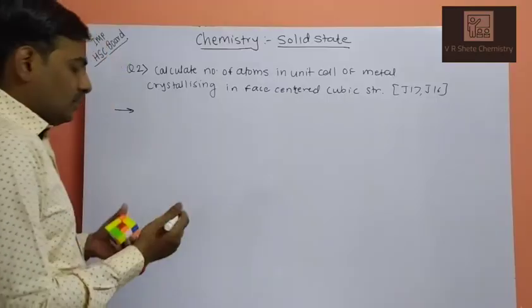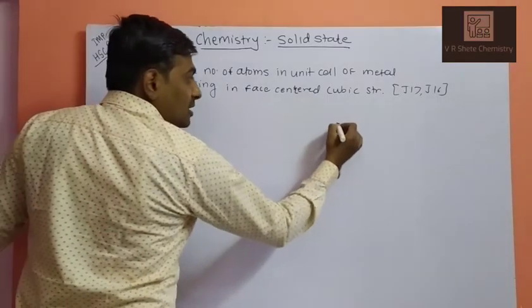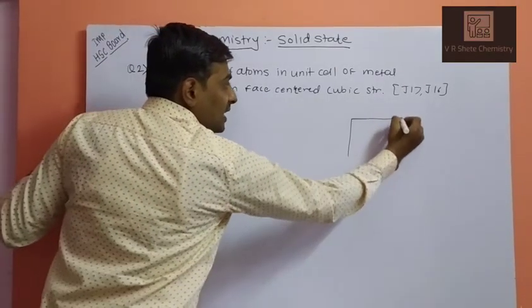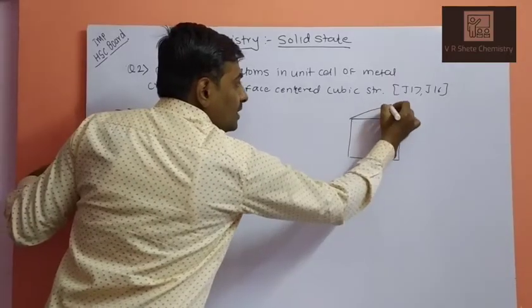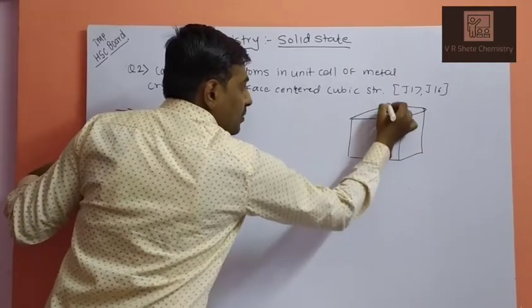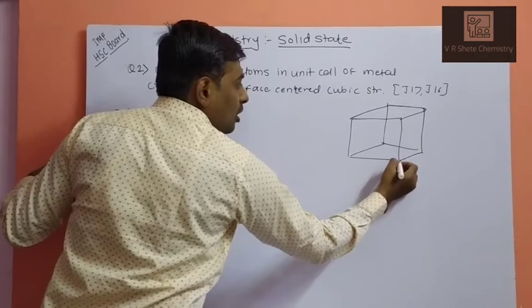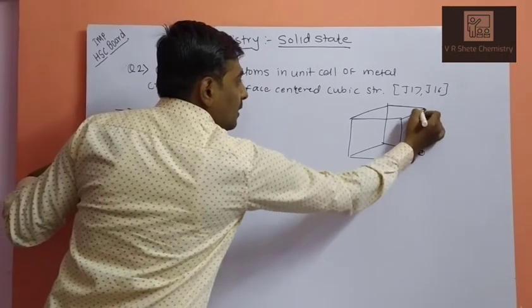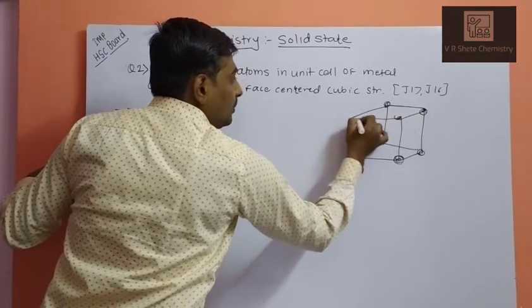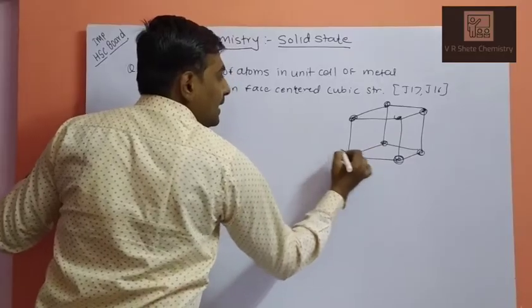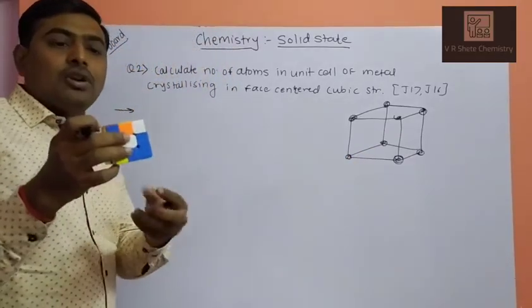So first of all we'll draw the structure of the face centered cubic form. This is a cube which has 8 corners, first, second, third, fourth, fifth, sixth, seventh and eighth.